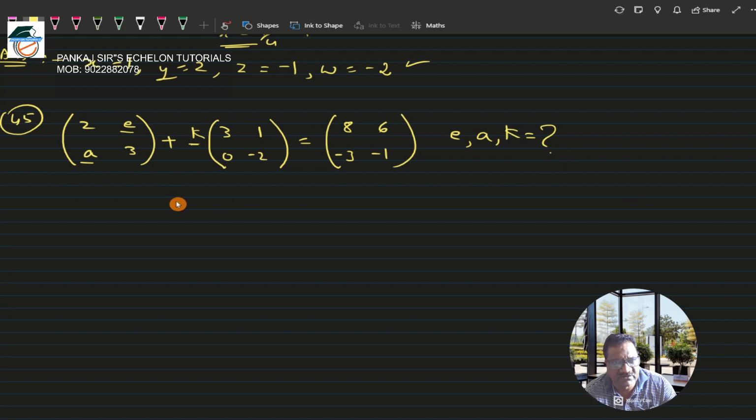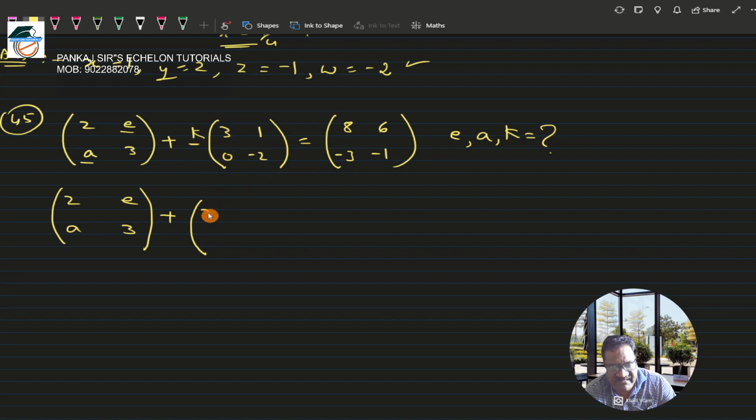So let us work it out first. I am going to write this as the matrix 2, E, A, and 3 as it is, plus, now this will be scalar multiplication, so K will get multiplied by each and every element of this matrix.